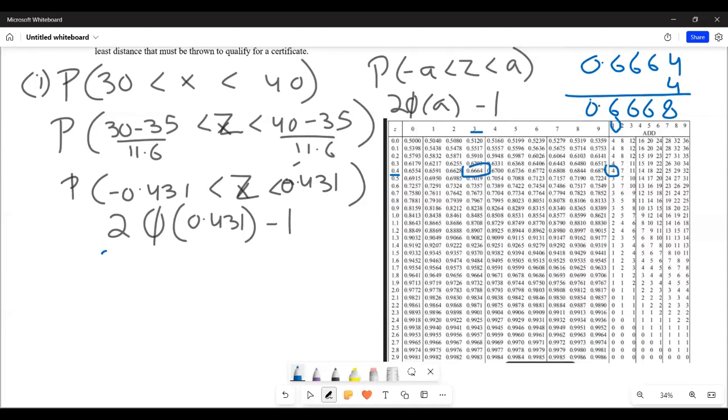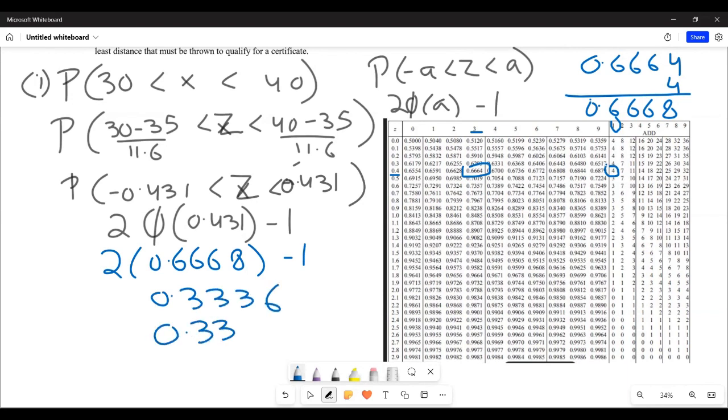So 2 times 0.6668 minus 1, which is going to be 0.3336, rounded to 0.334. That's the first part of the question.